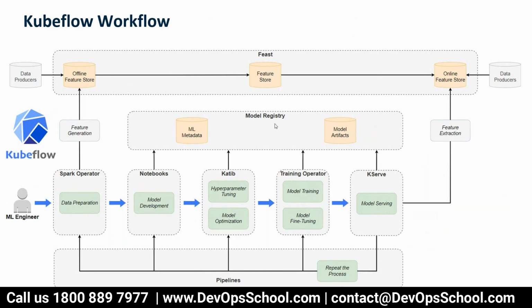There is one more option which you have, which is Feast. Feast is a place where you store offline features and online features, where the data is being generated. This whole pipeline you set up in Kubeflow Pipelines. Pipeline is one feature that is part of Kubeflow.